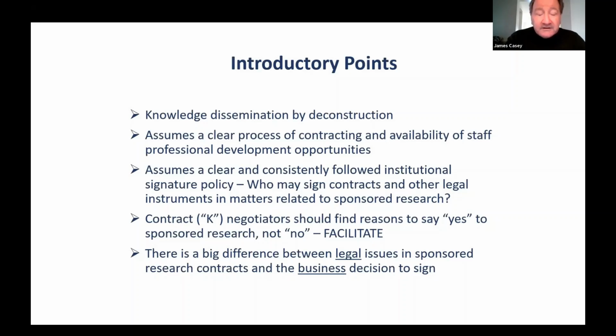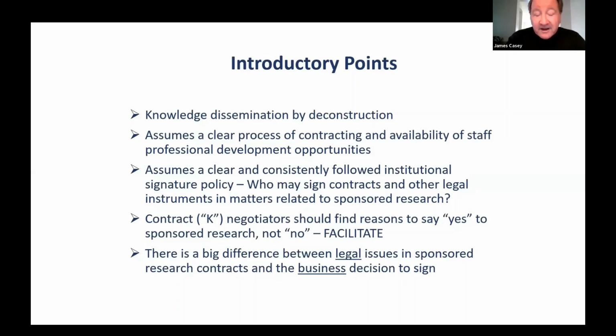Another point I would like to make: contract negotiators are generally not lawyers for the university or the institution. Do not hold yourself out as a lawyer in any way, shape, or form, unless you're in the Office of General Counsel at your institution. And that is a gray area, because in my own case, I was a practicing lawyer and licensed for several years before I went into research administration.